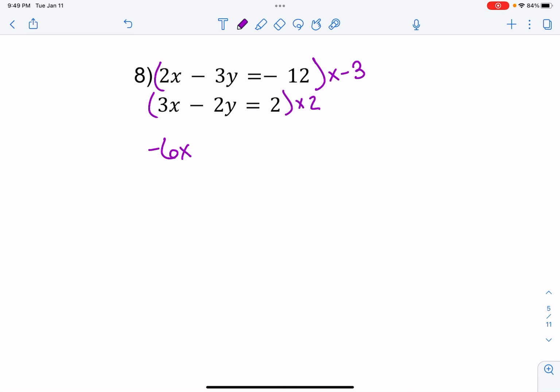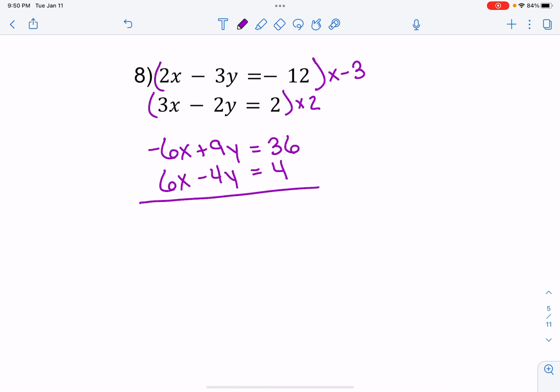Negative 3y times negative 3, positive 9y. And negative 12 times negative 3 is positive 36. In our second equation, 3x times 2, positive 6x. Negative 2y times 2, negative 4y. And 2 times 2 is 4.